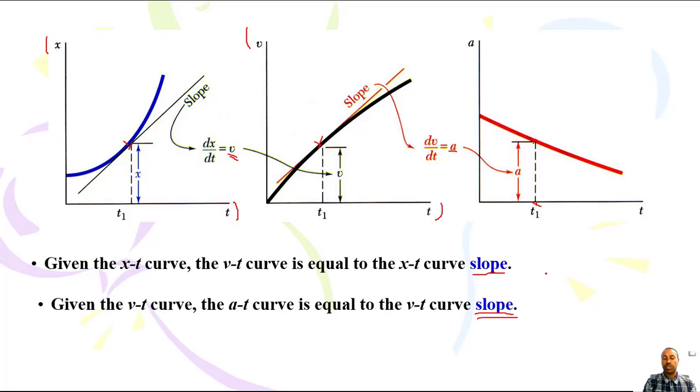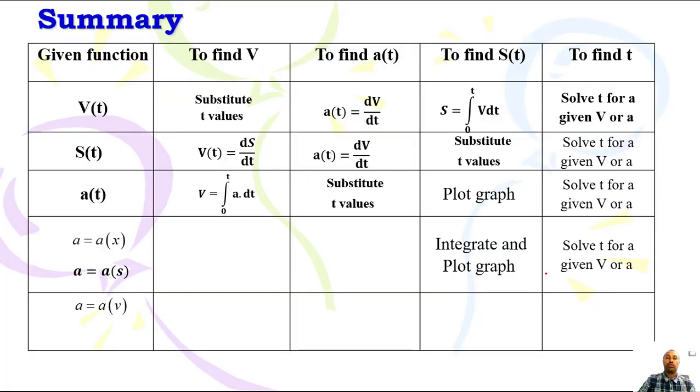Very important in calculations. Okay, in summary, if you are given a function, for example v of t, to find the velocity you simply substitute t at any time. To find acceleration, you simply differentiate the velocity function, dv by dt.